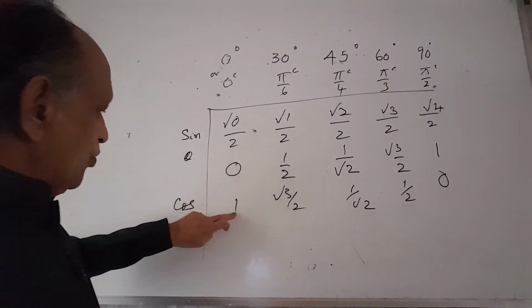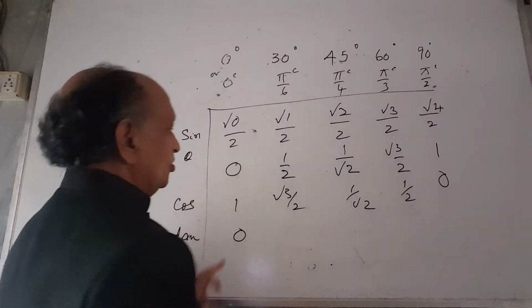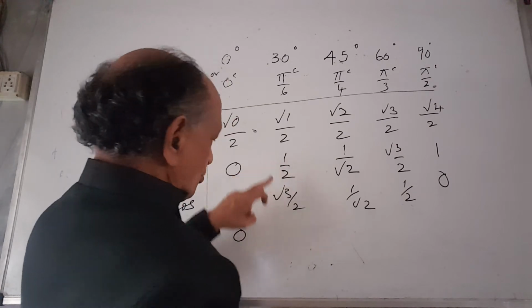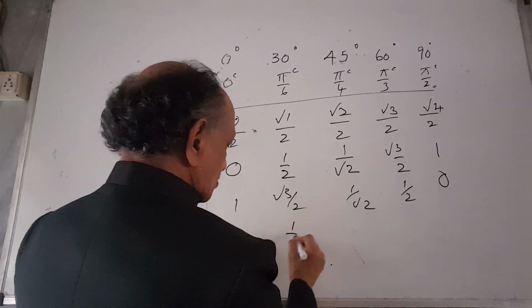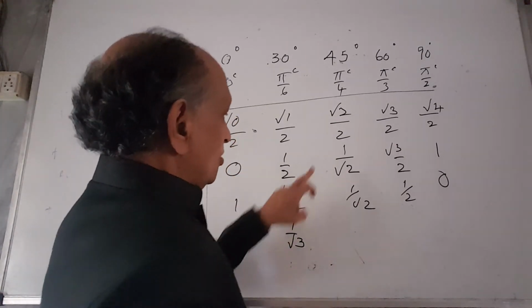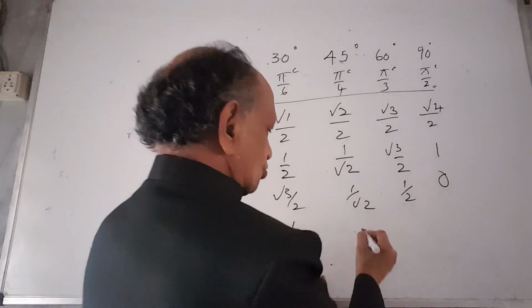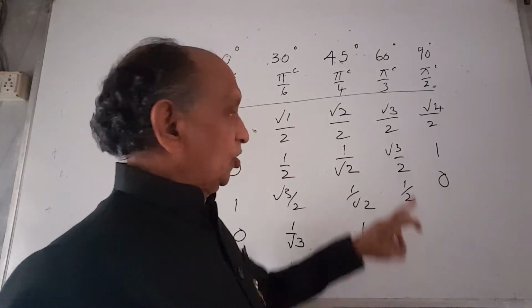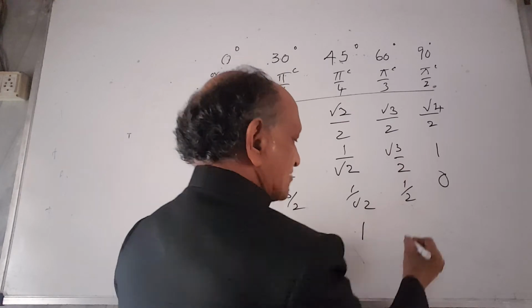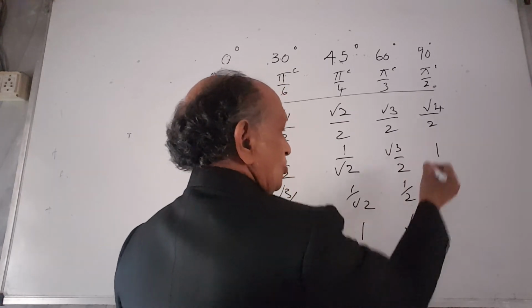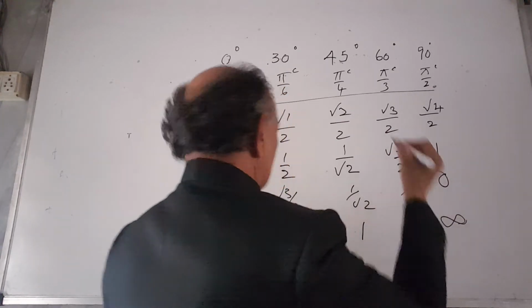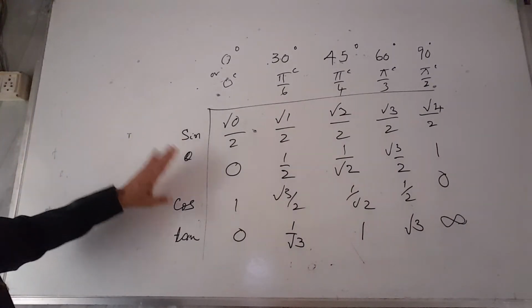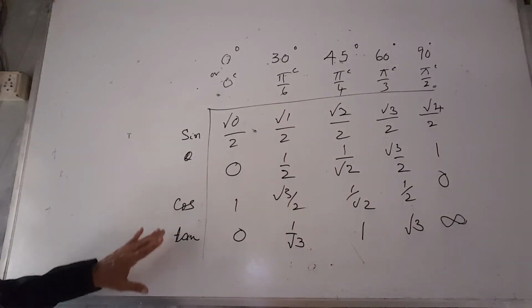So 0 by 1 is 0. 1 by 2 divided by root 3 by 2 is 1 by root 3. 1 by root 2 by 1 by root 2 is 1. Root 3 by 2 by half is root 3. 1 over 0 is infinite. So sine values, cos values, tan values.